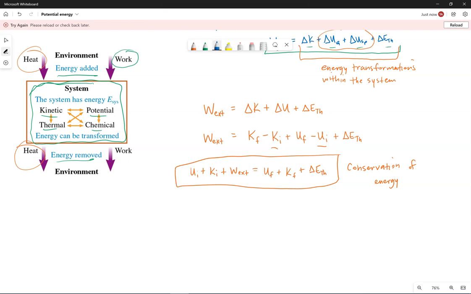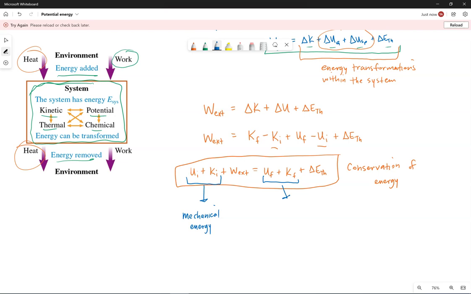So when we talk about potential energy and kinetic energy together, we refer to this as mechanical energy. This is energy in terms of motion, energy that can easily transform back and forth. Potential to kinetic, kinetic back to potential.